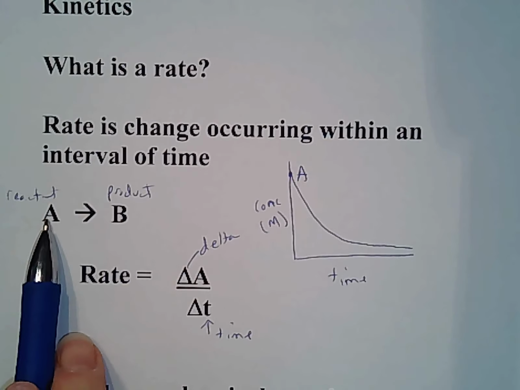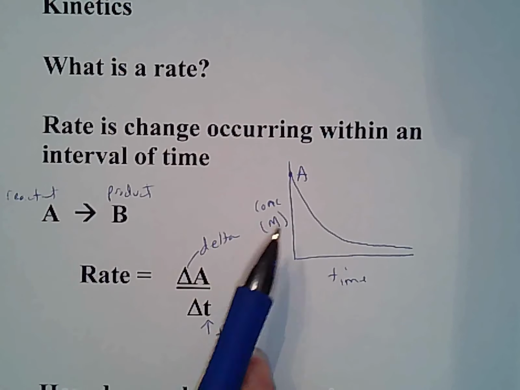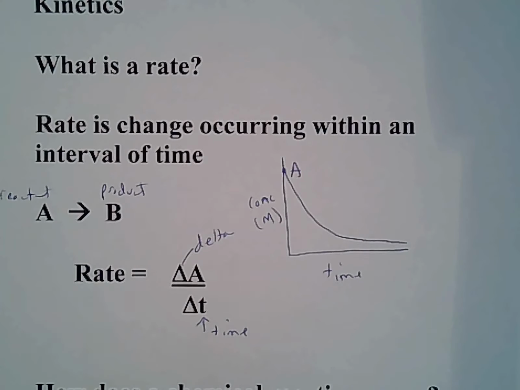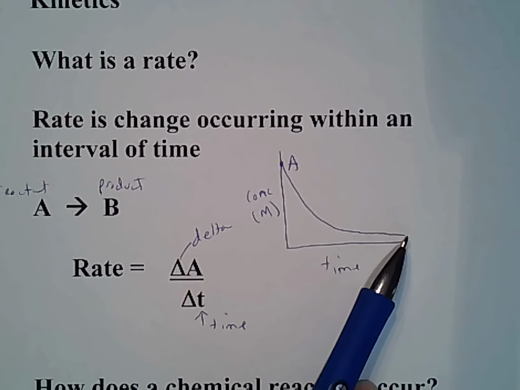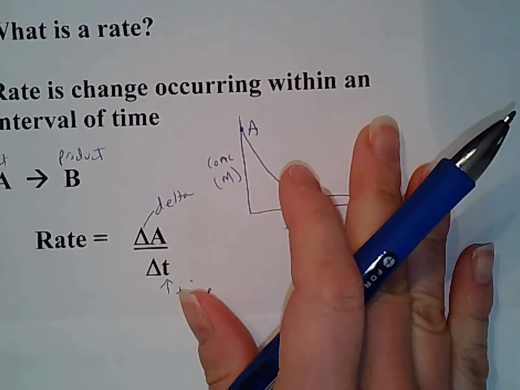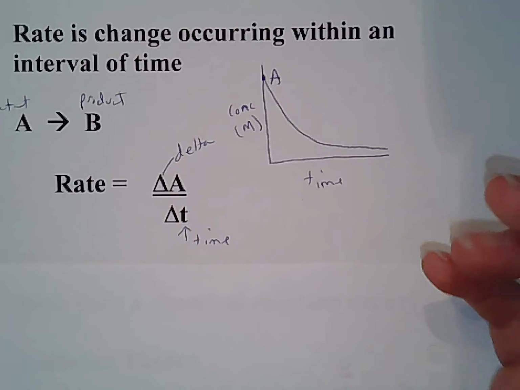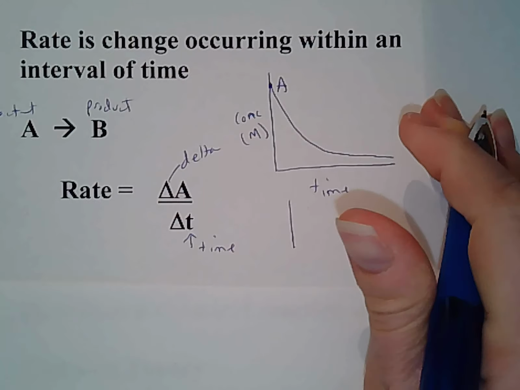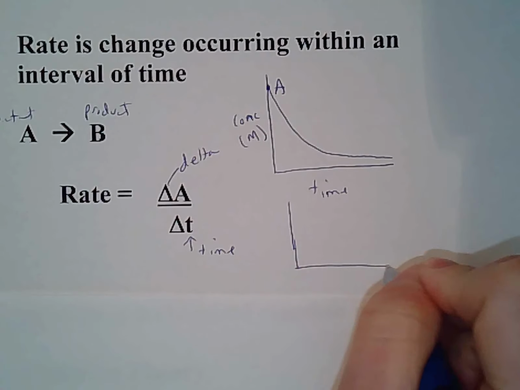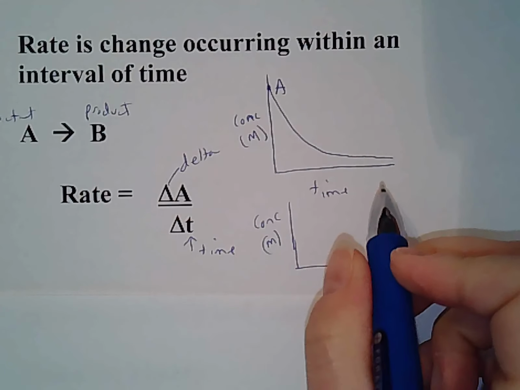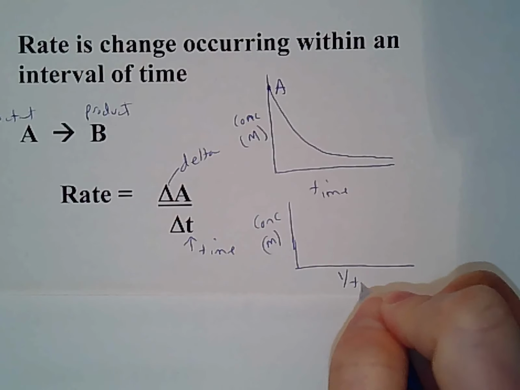What you see is reactant is being used up to produce product. So you will see that the concentration of A decreases over time. Because this is a curve, we always try to make curves into straight lines. So I'm going to draw another graph down here, looking at concentration, again in molarity, versus 1 over time.